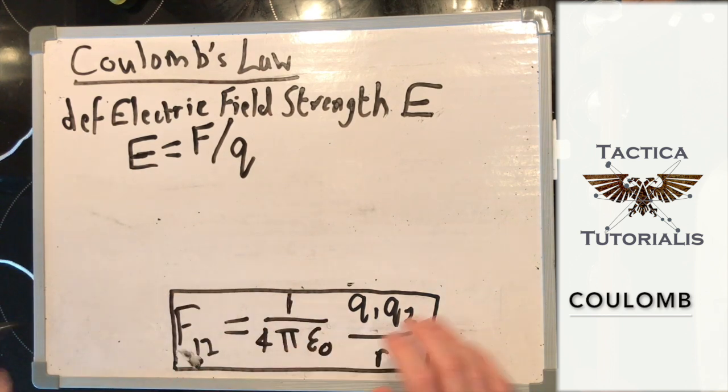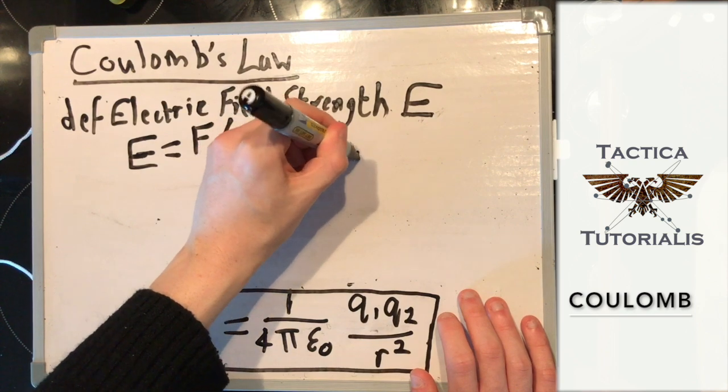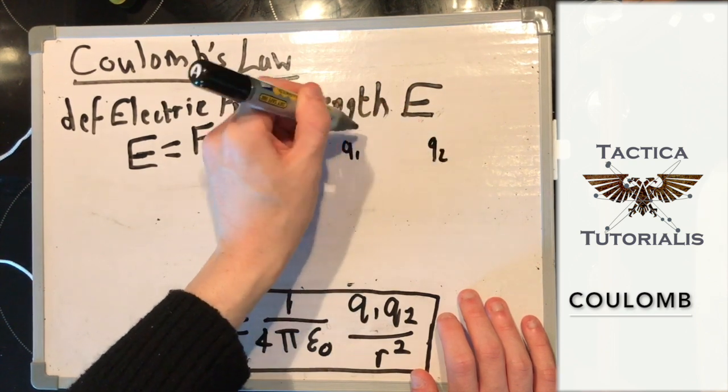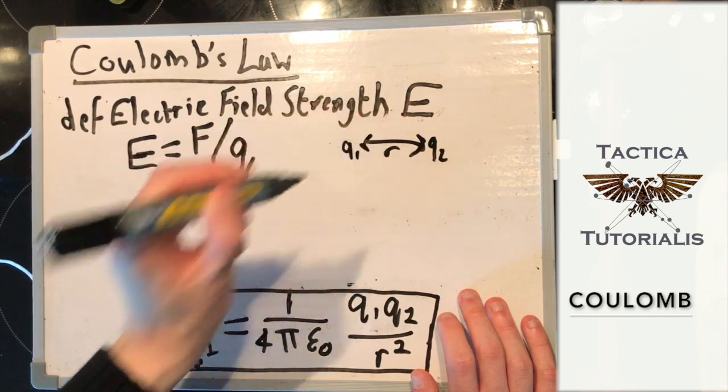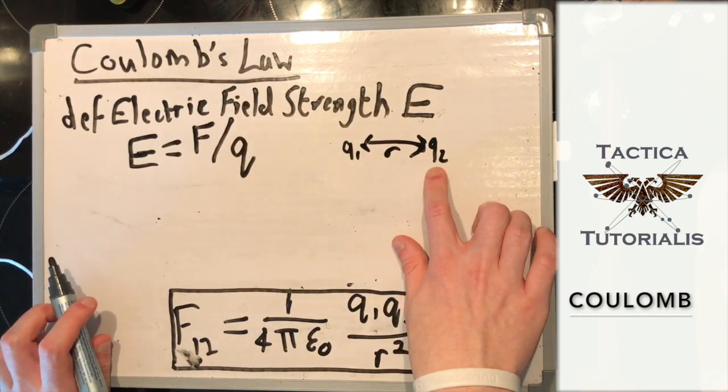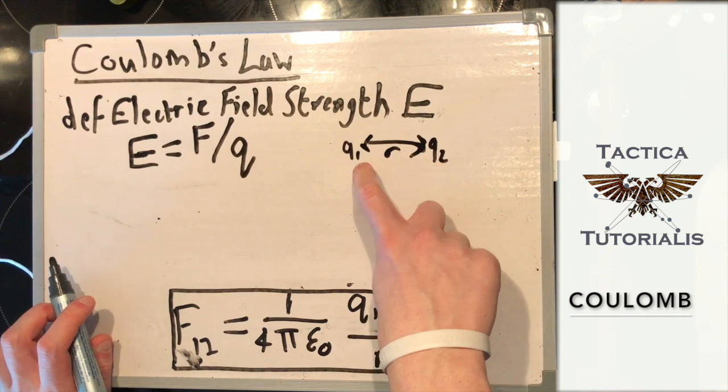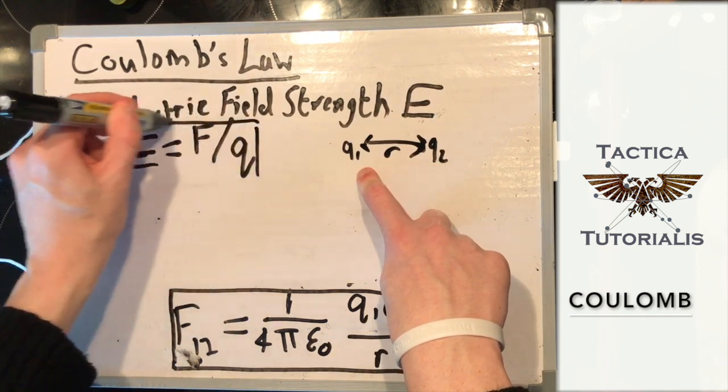So if I come back to my earlier scenario where I had Q1, Q2 separated by a distance r, I wanted to find out the force on Q2 due to Q1.